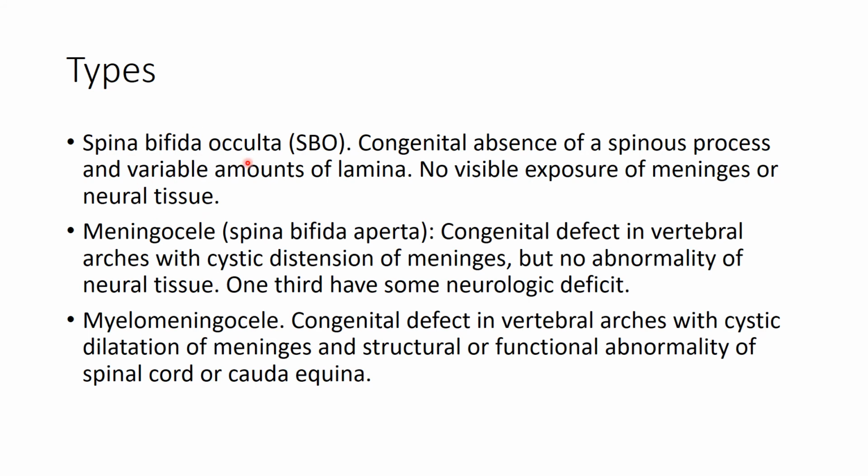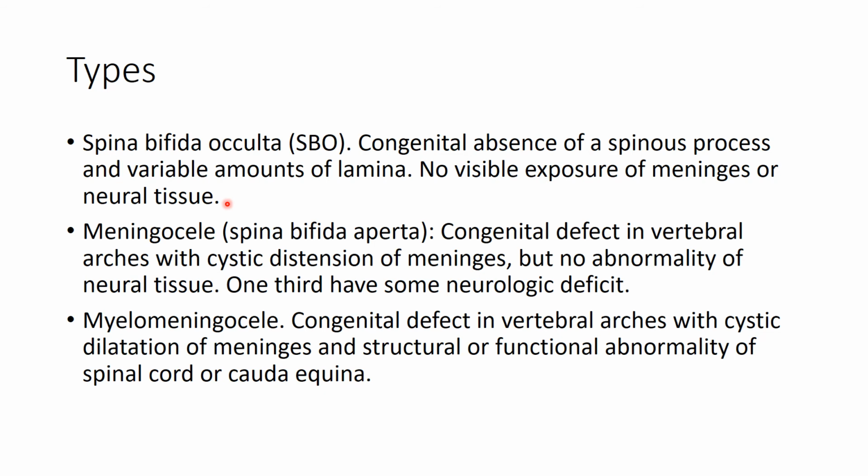Spina bifida occulta, from its name, occulta, it's not obvious. It's a congenital absence of a spinous process, mainly in the lumbar spine, with or without the absence of part of the lamina or the whole lamina.